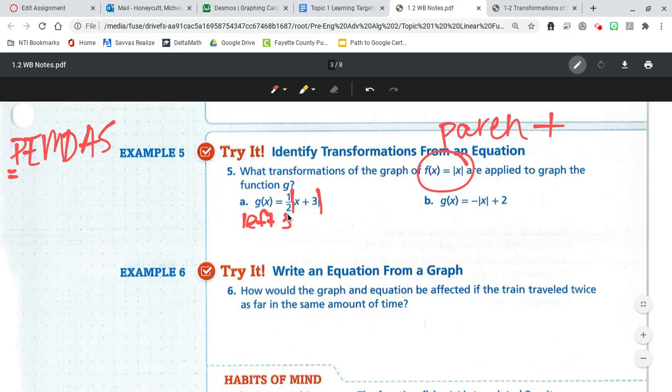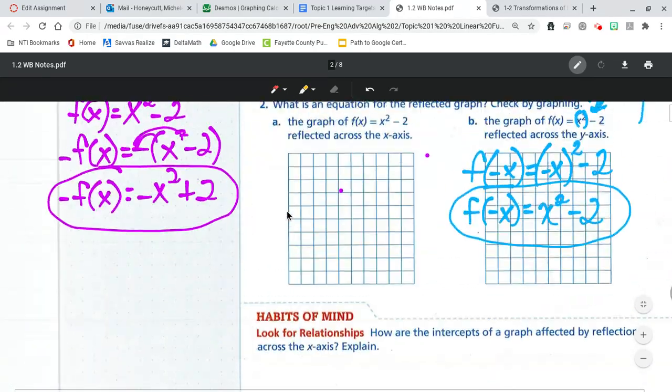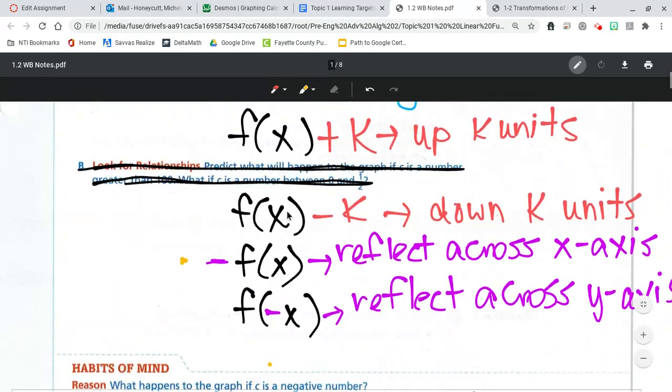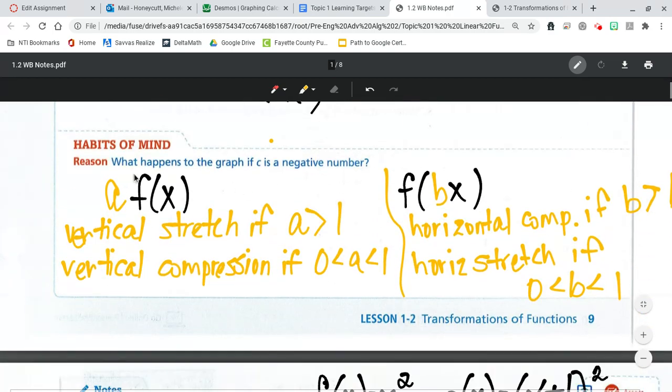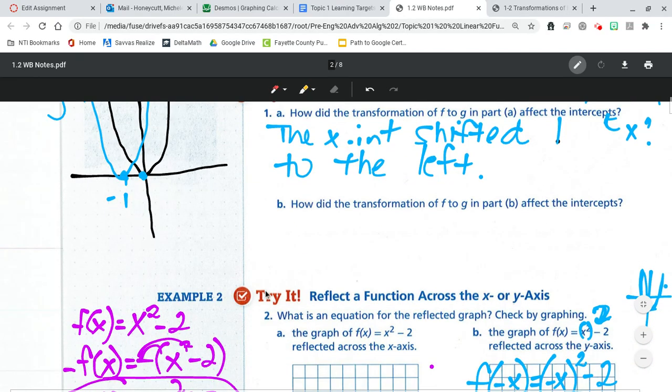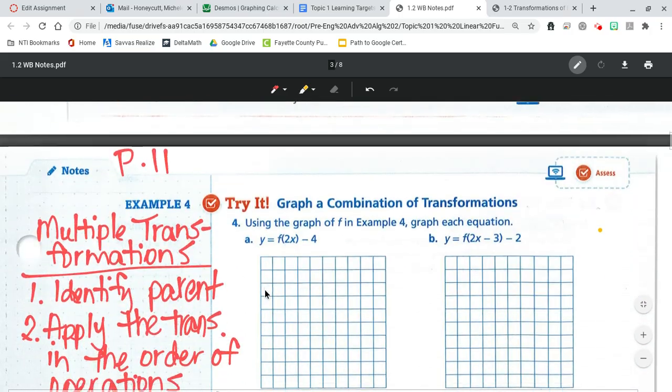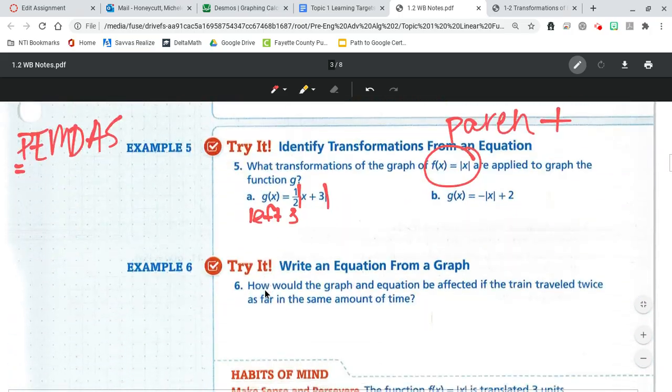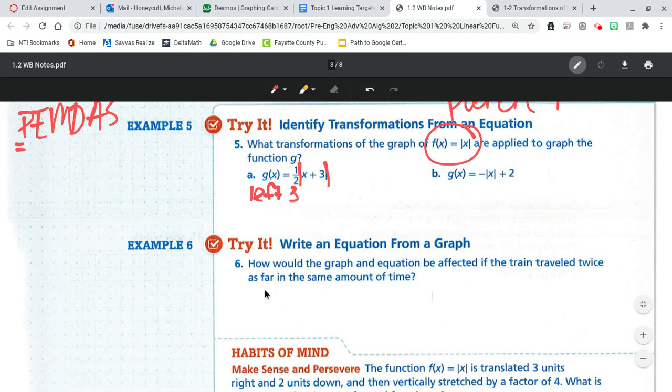When you multiply the entire function by a number outside, that brings me to right here. I multiplied the entire function by a number between 0 and 1, so we'll have a vertical compression. So we went left 3, and then we had a vertical compression of 1/2.